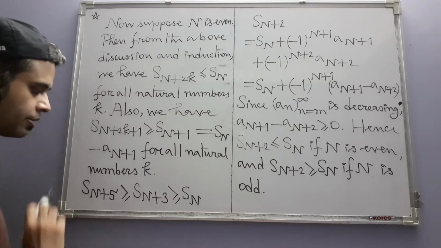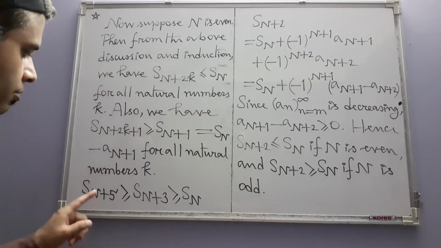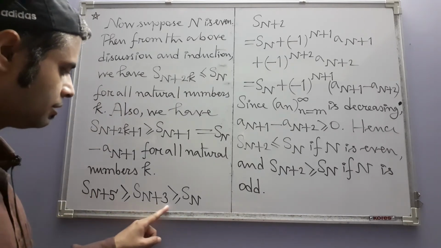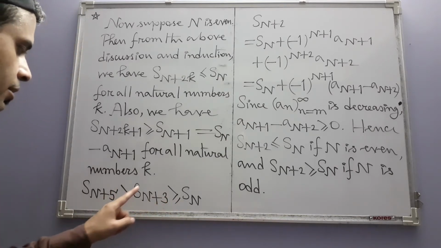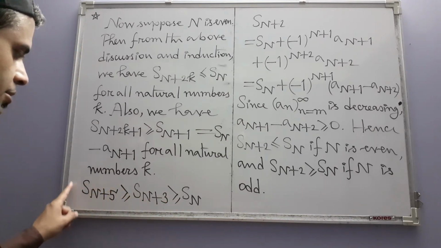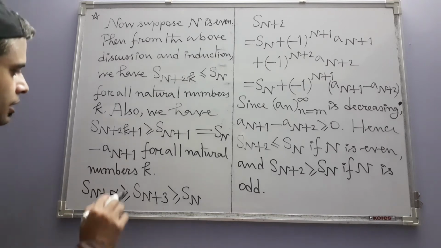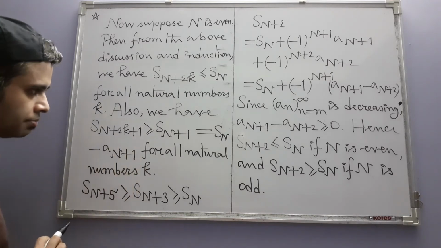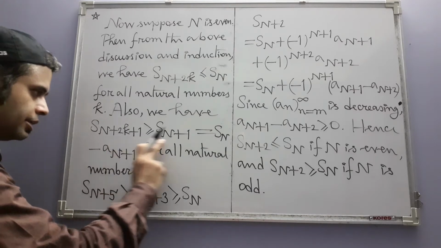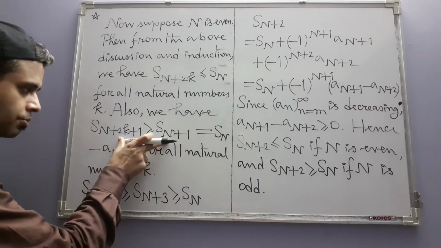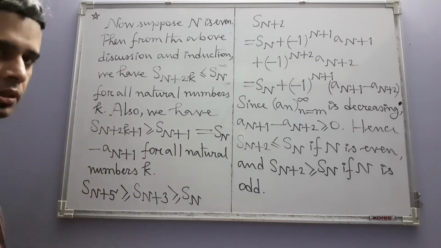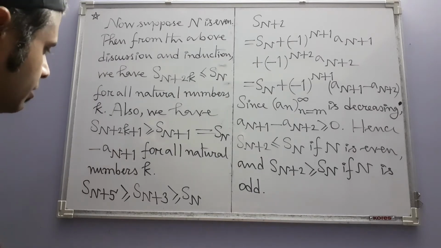So this is greater than or equal to Sn plus 3. You can see that all the odd integers are appearing here, 3, 5, then 7, 9 and so on, which are all of the form 2k plus 1. So these inequalities can also be proved by induction on k, where k is a natural number.